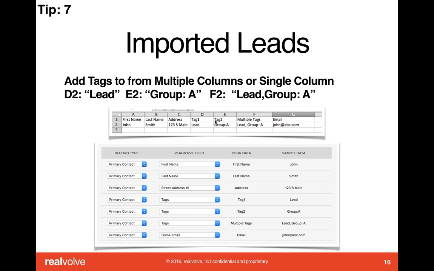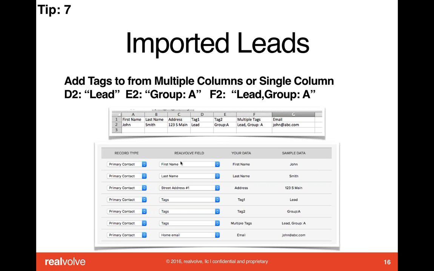I've got another column in that same CSV file that I'm going to import as well as a tag. So I have the option of selecting multiple columns to go into my tag fields. I also have the ability, if the CSV file has those two tags grouped together in one column.